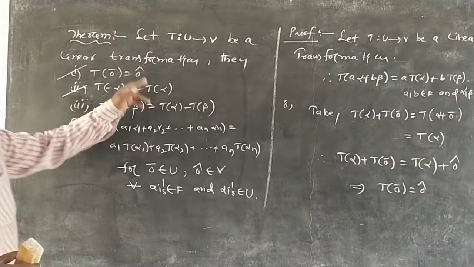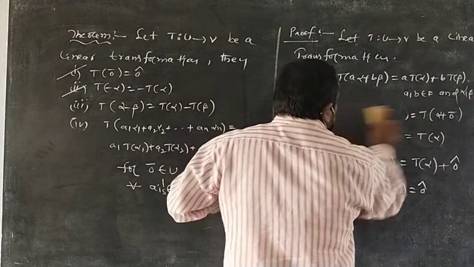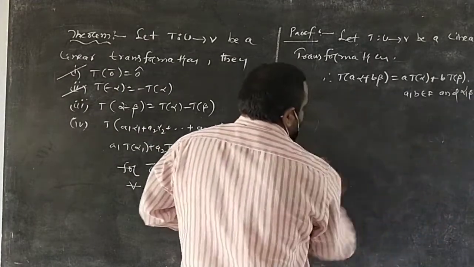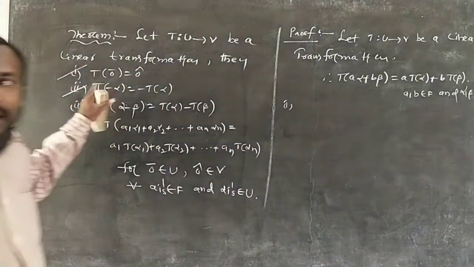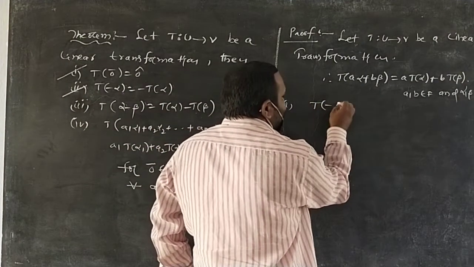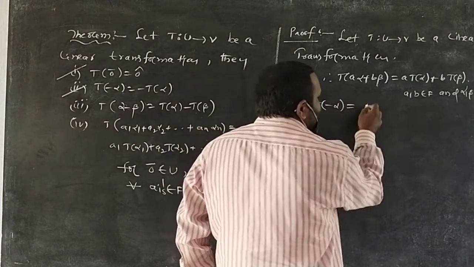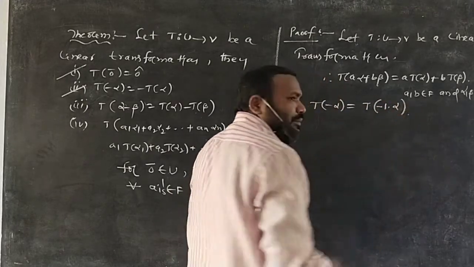Next, T of minus alpha equal to minus T of alpha. Let us prove this second one. You take the LHS, T of minus alpha. This can be written as T of minus 1 into alpha.